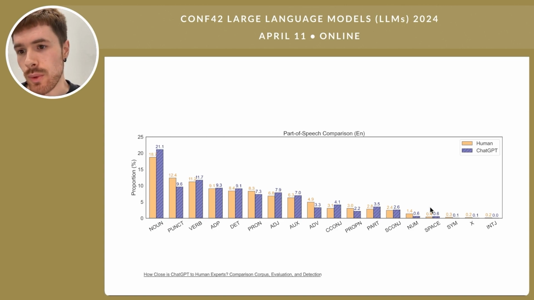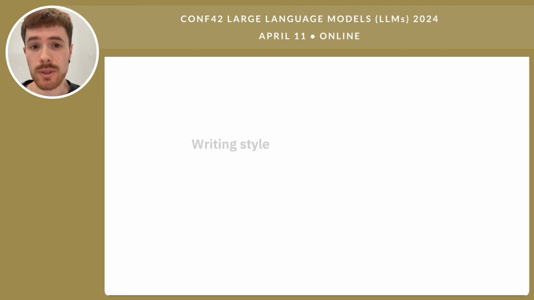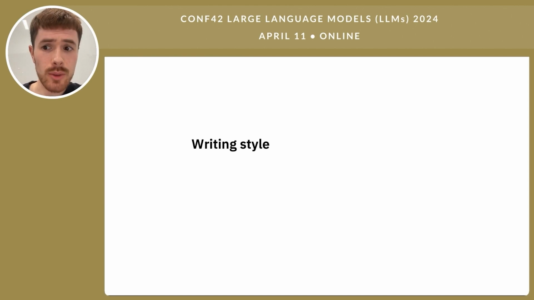LLMs tend to write kind of similarly to humans, so that doesn't really work. But if you think about other things like your writing style, let's say I'm 15, I'm supposed to write like a teenager, right? I'm not supposed to write like a PhD. So your writing style can give some hints of that person using a chatbot to write the text.